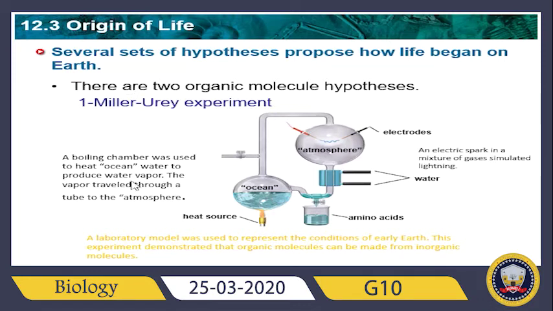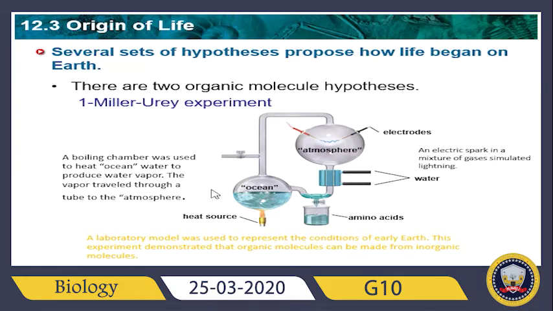So guys, here we can see the elaborate model that was used to represent the conditions on early Earth. As we said, this experiment demonstrated that organic molecules can be made from inorganic molecules. Here we have a boiling chamber. A boiling chamber was used to heat ocean water to produce water vapor.